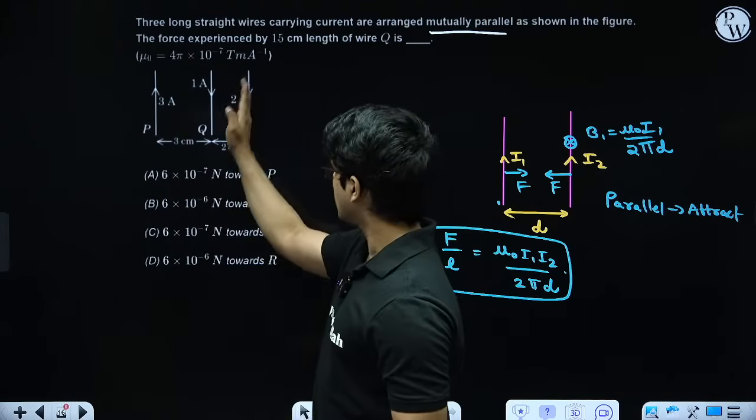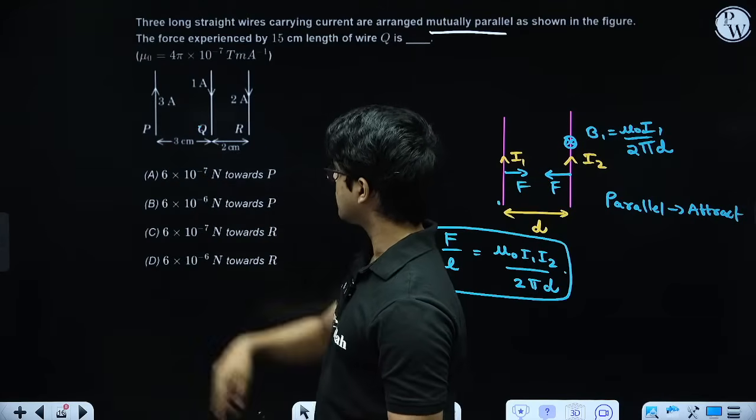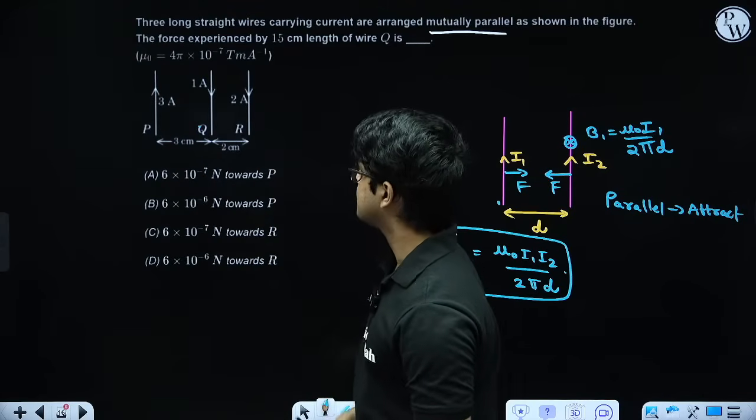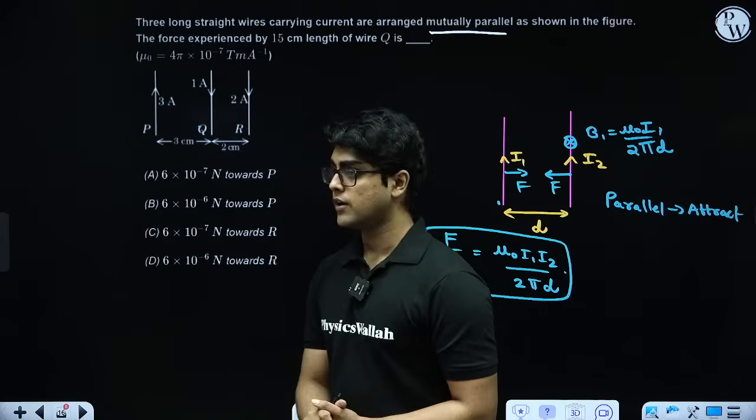Now we'll look at the Q wire. If we ignore R for now and just look at P and Q, P and Q are anti-parallel. Anti-parallel wires will repel each other.